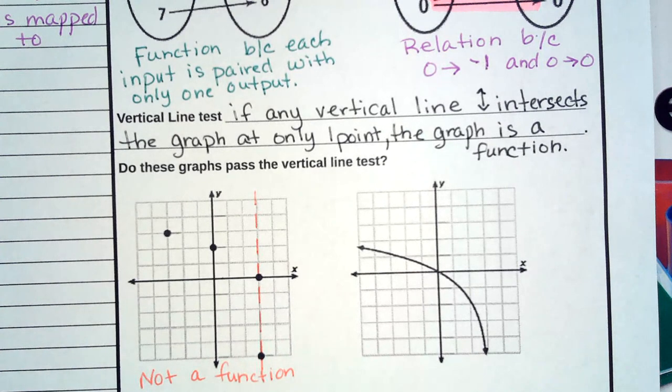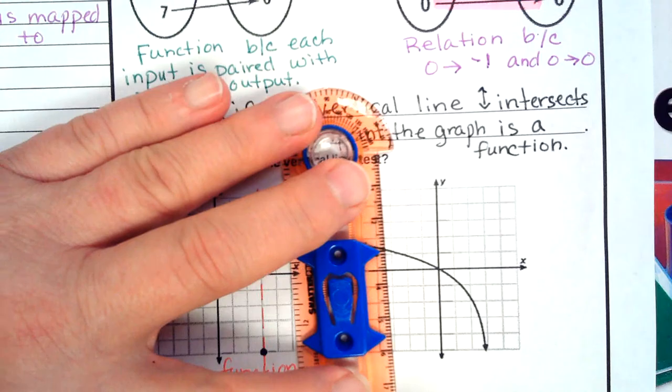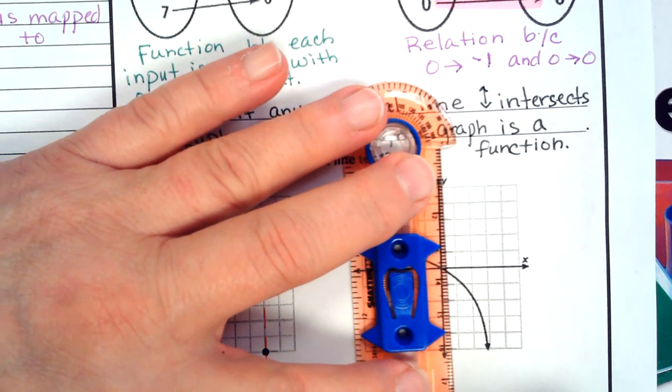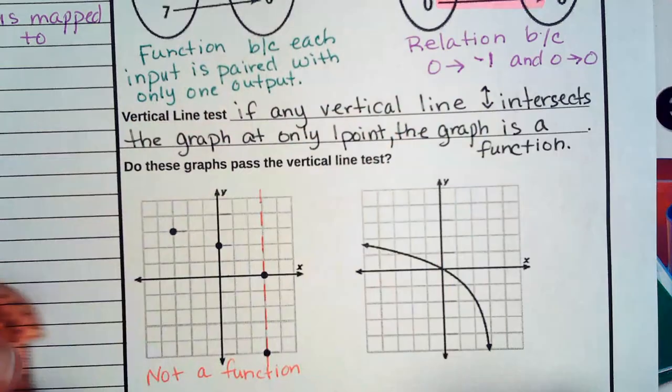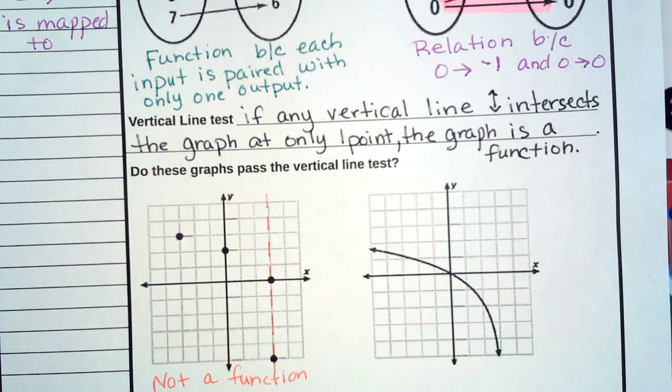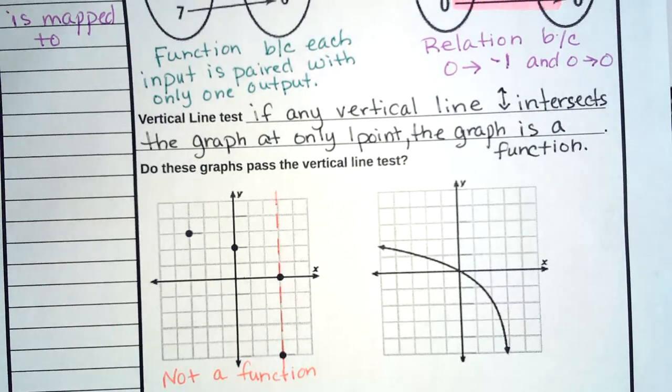But what about the second graph? It only intersects at one spot, so this is a function. It's a function because it passes that vertical line test.